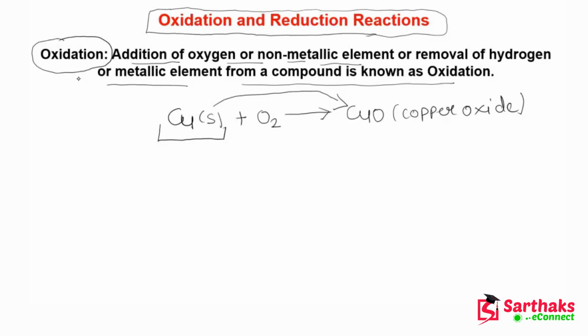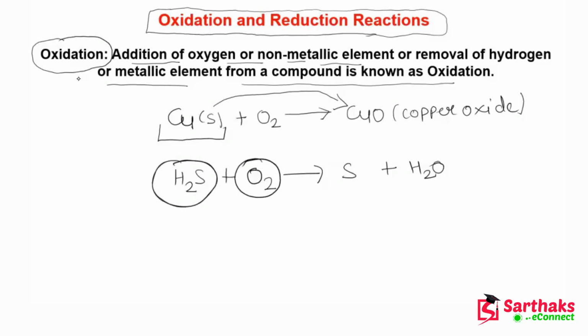Now let's talk about the second point. Suppose this is a compound, hydrogen sulfide. What happens when this hydrogen sulfide reacts with oxygen? It will give you sulfur plus water. This is sulfur, this is oxygen, and this is hydrogen sulfide.